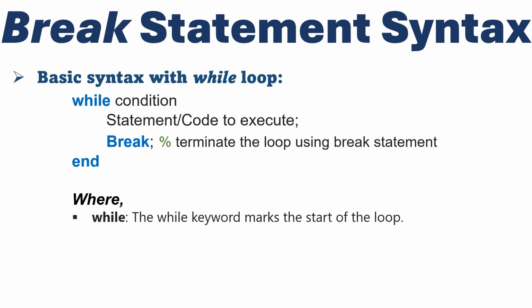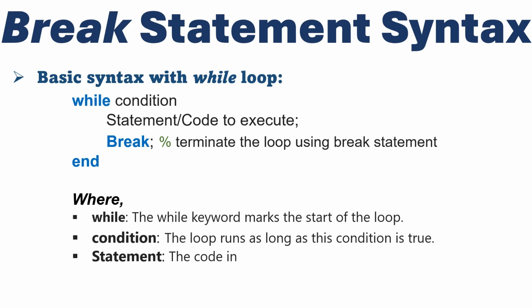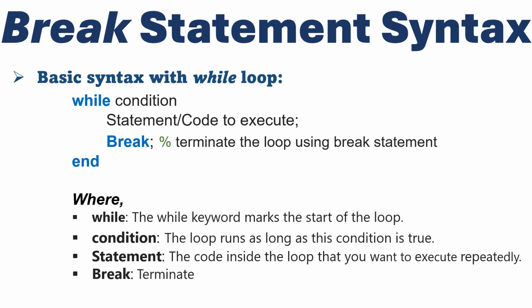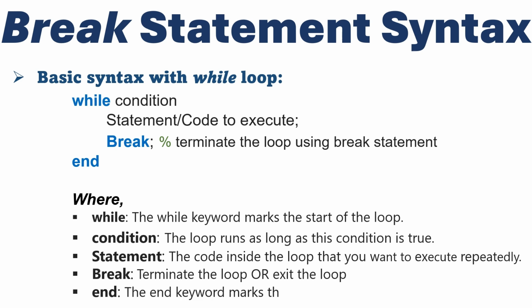While is the keyword we use to start the loop. Condition means the loop runs as long as the condition is true. Statements are the code inside the loop that you want to execute repeatedly. Break is the keyword used to terminate or exit the loop. And end serves the same purpose, marking the end of the loop.